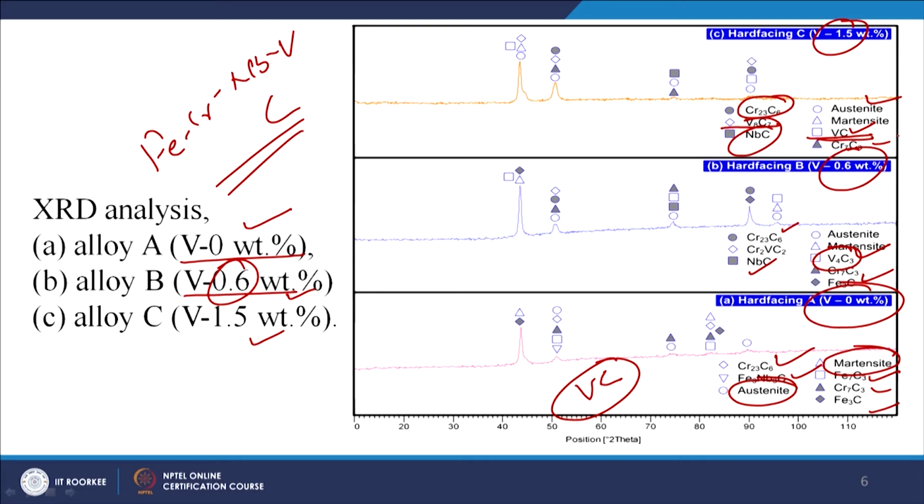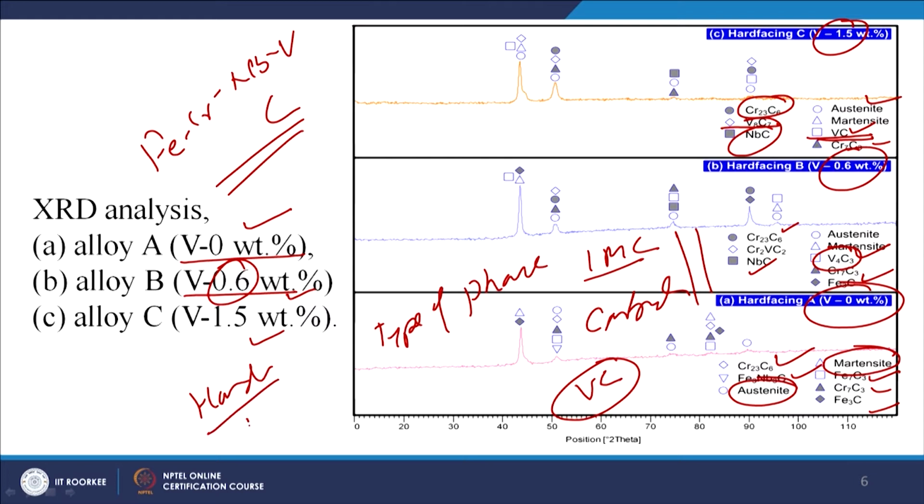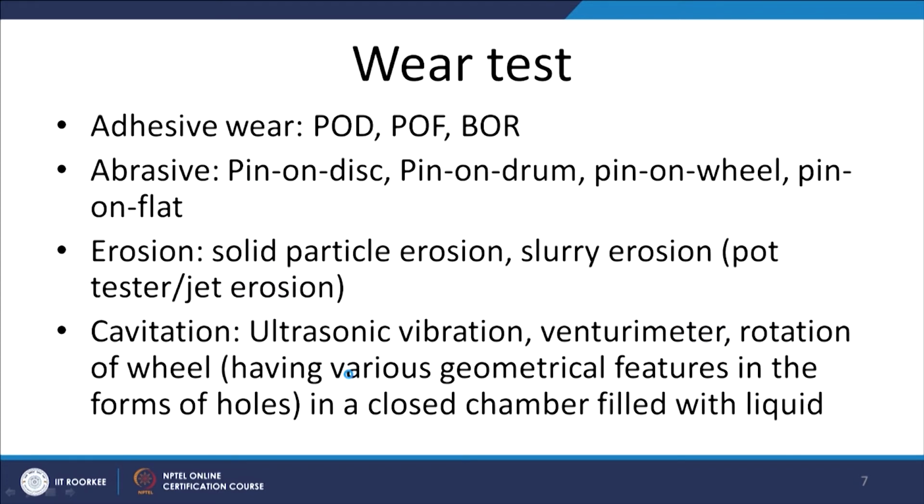That is why it is important to consider the types of the phases and intermetallic compounds and the carbides which are present in the given modified surface. So, accordingly we can anticipate its hardness, its wear resistance under the service conditions as per the requirement.